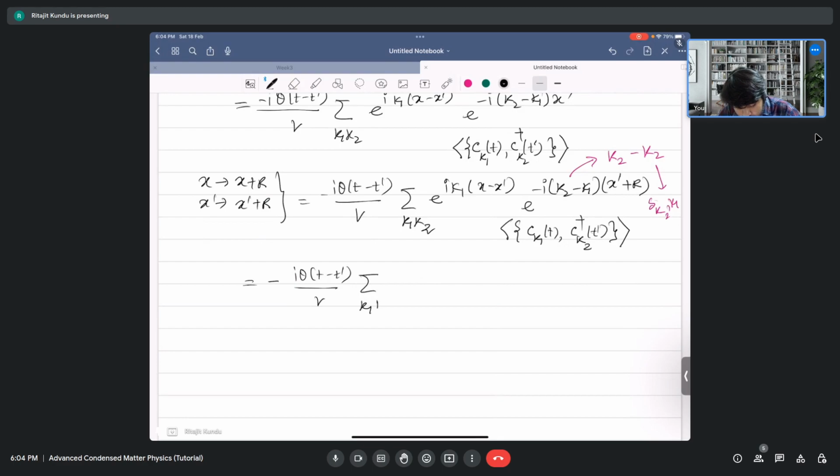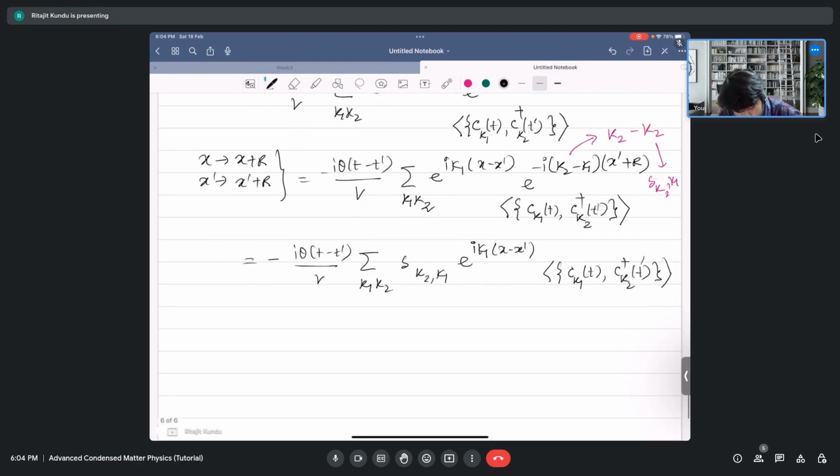And then I'll see that it actually makes my life a lot simpler. So I have k1 k2, I'll put this delta k2 k1 here, and the other term is actually gone. So I have c k1 (t) c k2 dagger (t prime). Now I'll do a summation on k2, and I'll just change k1 to k.